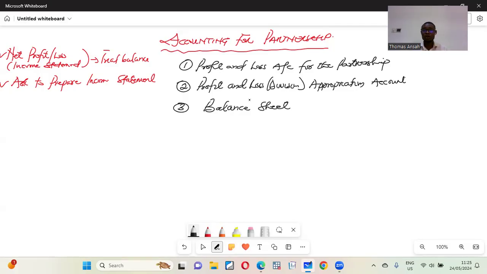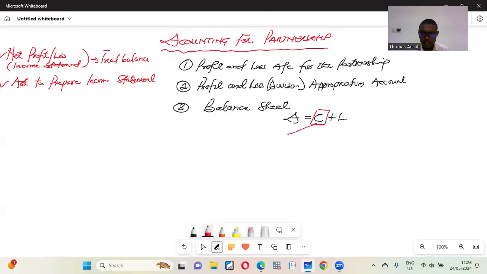Now, we do know well that in preparing the balance sheet, we have the asset part, we have the capital part, we have what? The liability part. Now, in this balance sheet for a partnership, this is where the issue is. When we get to our capital account, we will have to split the capital account into two.